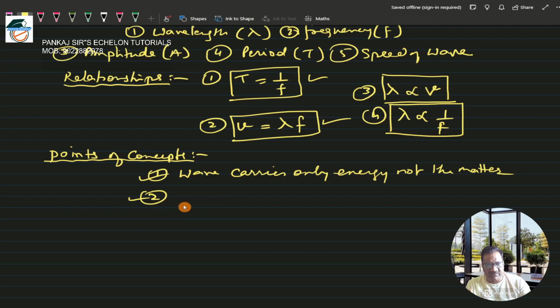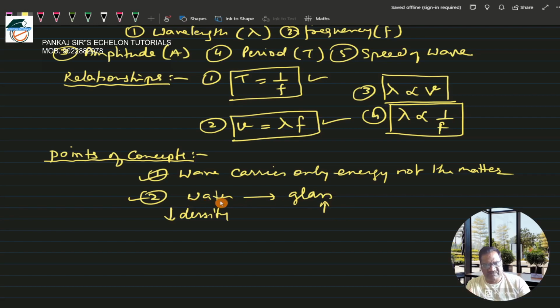So from one material to another material, when the ray travels, there is always a change in the speed of that wave. Suppose a wave is traveling, say, from water to glass. These are two different materials. Water comparatively has less density and glass has more density.